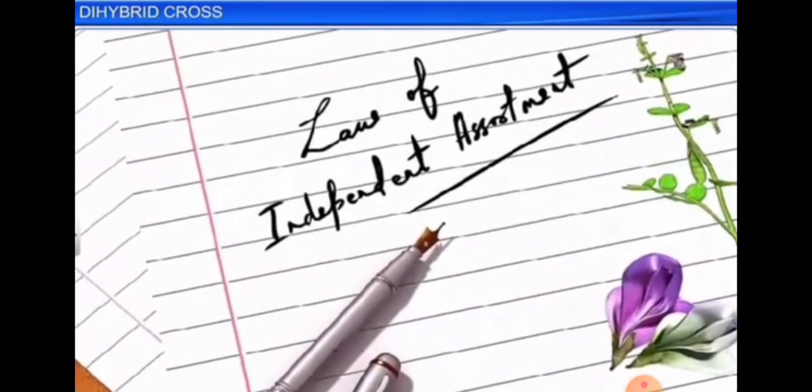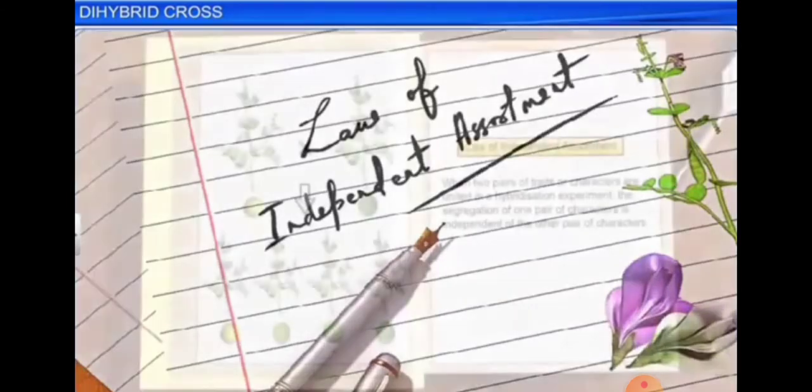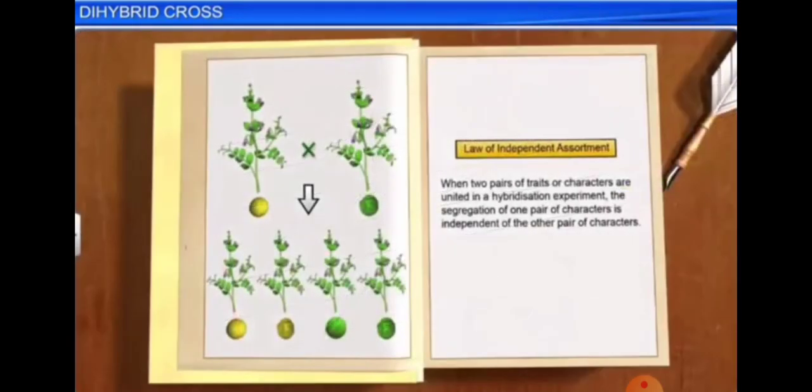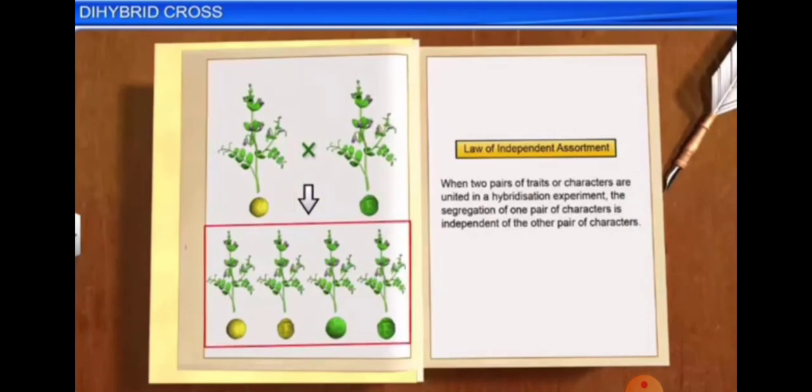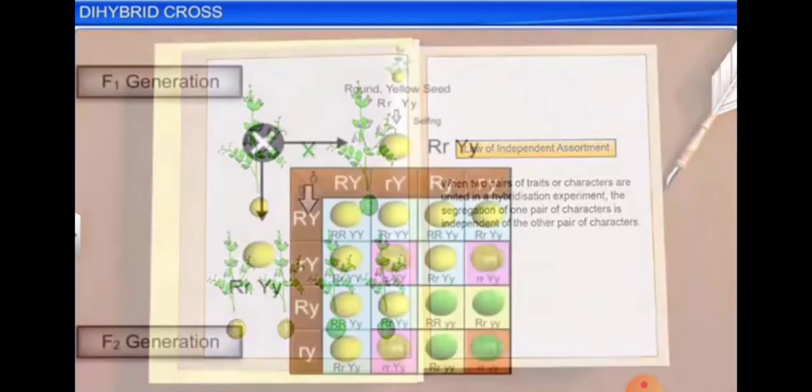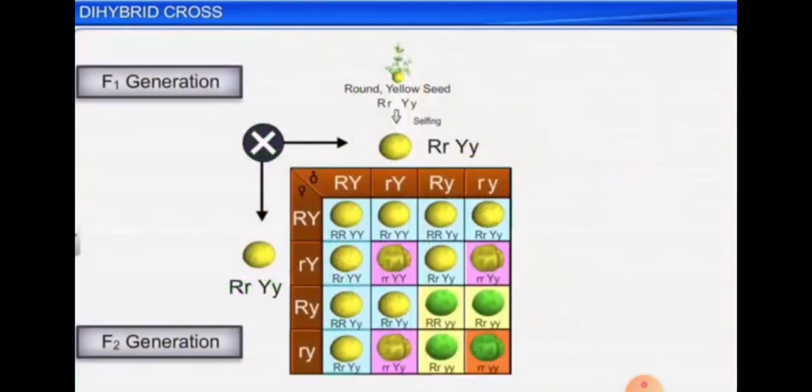From such observations, Mendel proposed a new generalization, which is later called the law of independent assortment. This states that when two pairs of traits or characters are united in a hybridization experiment, the segregation of one pair of characters is independent of the other pair of characters.